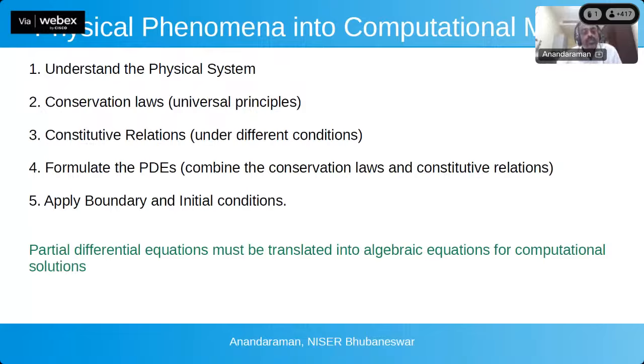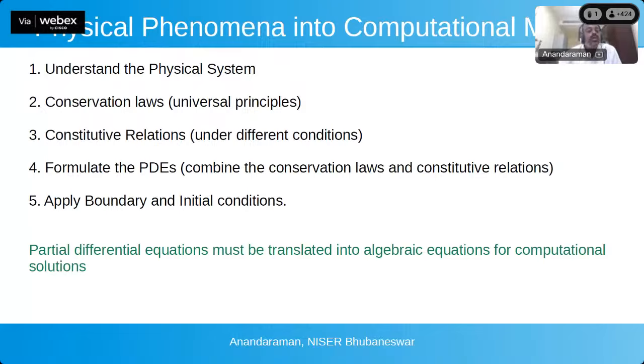First we take the physical system and convert it into a mathematical problem. That mathematical problem is in the form of partial differential equations, mostly, not all. Since partial differential equations cannot be solved by a digital computer, we convert them into a set of algebraic equations, and then we solve it. That is linear algebra.